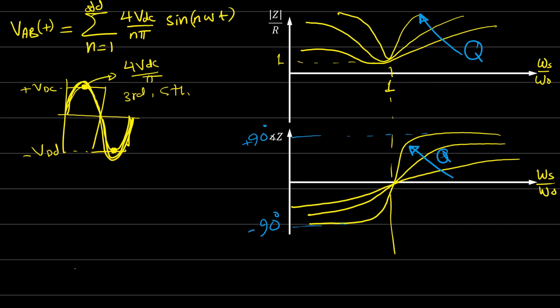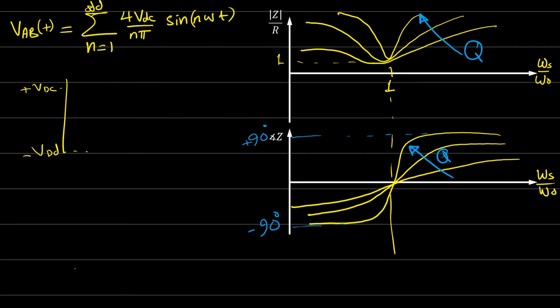So 4 VDC over pi, the maximum here. So again, if you have a square wave like this, VDC and minus VDC, the amplitude of this sine wave is 4 VDC over pi. For the third harmonic is equal to how much?